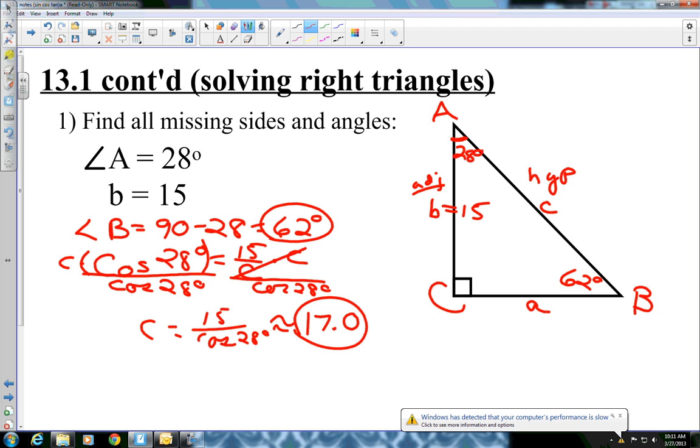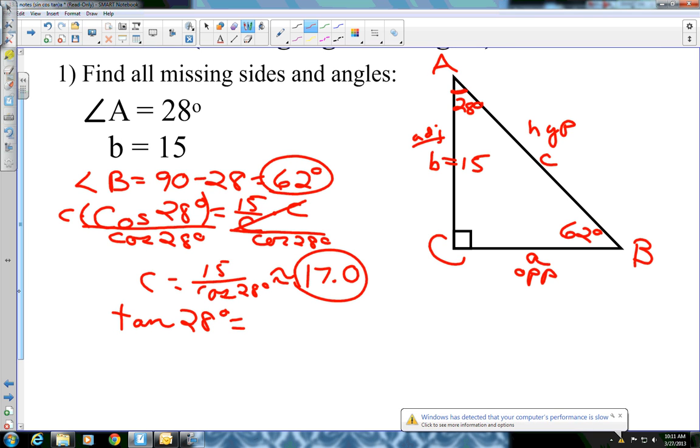So when I compare the A to the given triangle, that's going to be the side opposite. My given information was adjacent. So opposite and adjacent, which trig function is that? Tangent. So I say the tangent of 28 degrees equals opposite, which is the A that I'm looking for, over adjacent, which is 15.